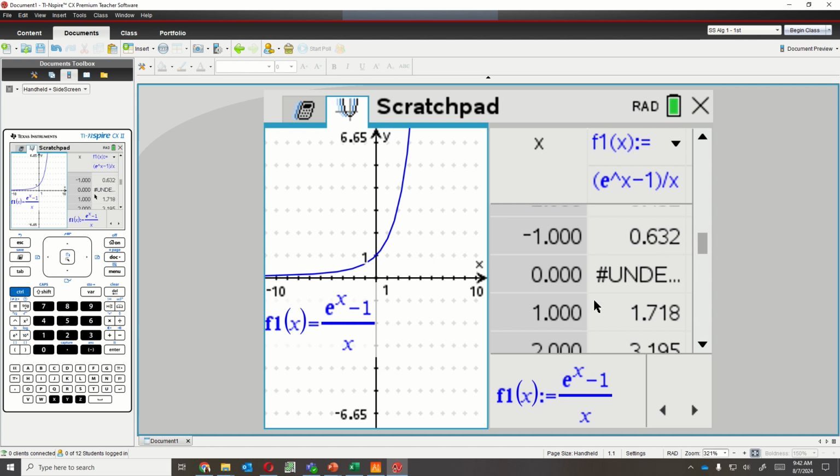So you could actually see it's happening right here. It should be between these two numbers, 0.632 and 0.718. I already know it's going to be undefined there. So that's one way of actually going through and setting it up to try to actually figure those out. So the calculator is super smart. Now we can start entering this, and let's go back to this and do my graph trace.